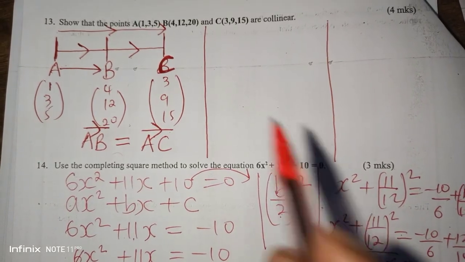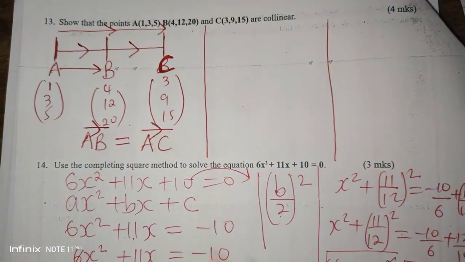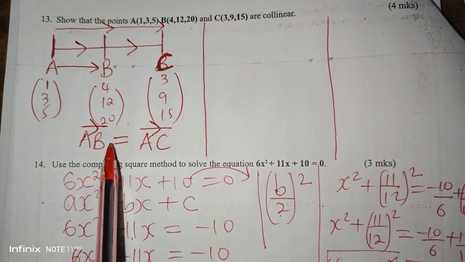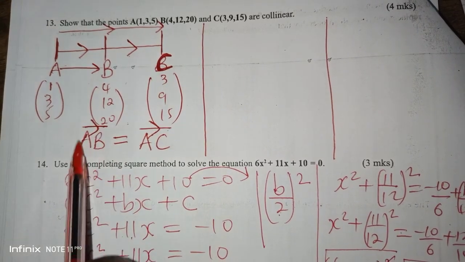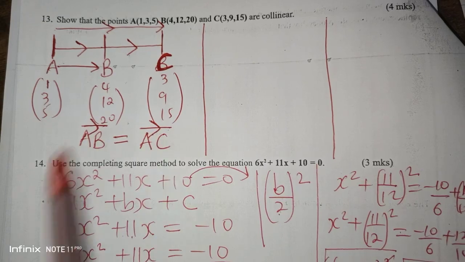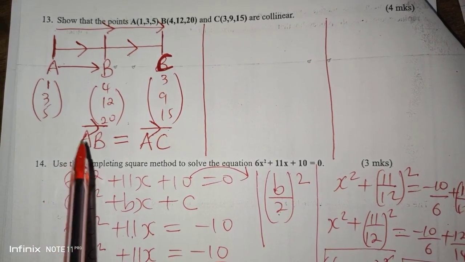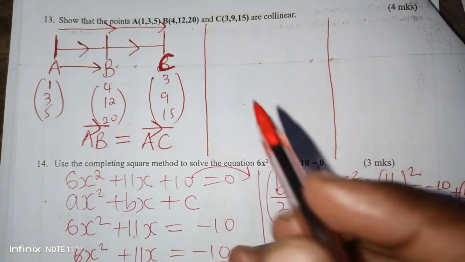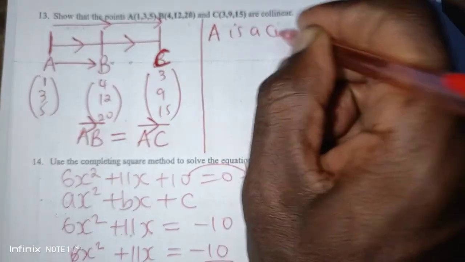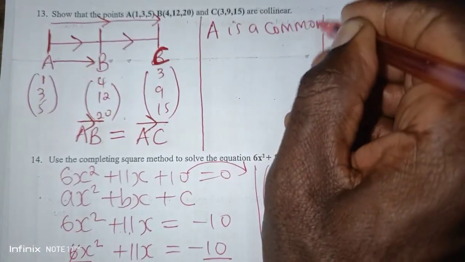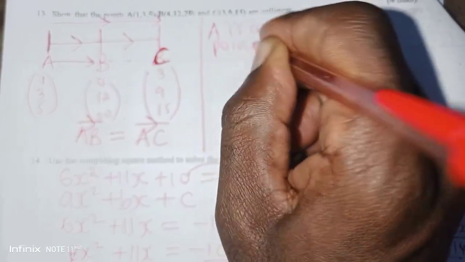When they are parallel, we can ask whether there is any common factor, a scalar quantity, that can make the first vector equal to the second vector. Because after they are equated, you can say A is a common point. Why is it a common point?